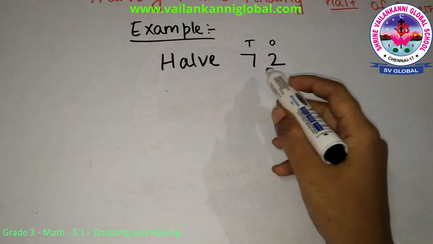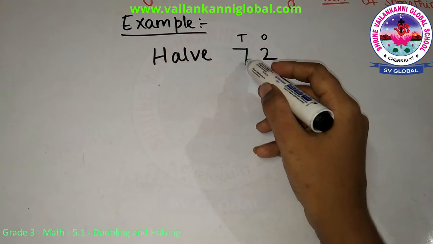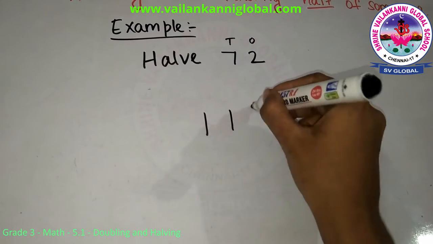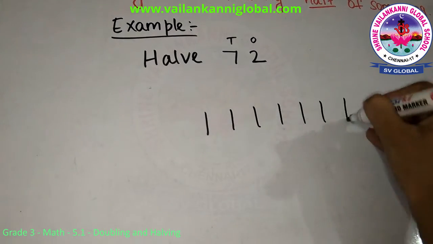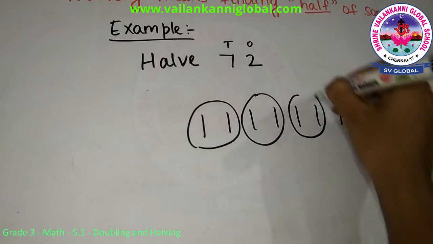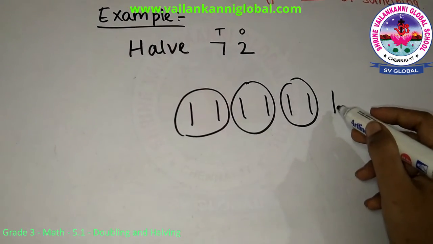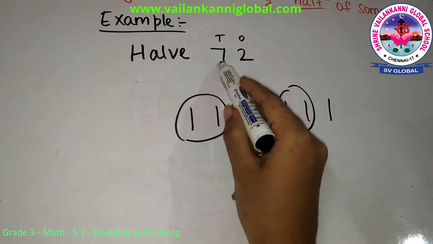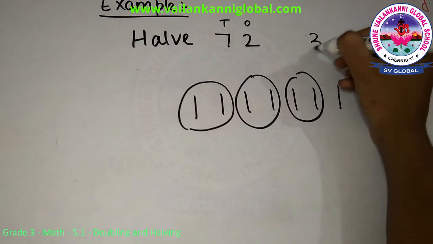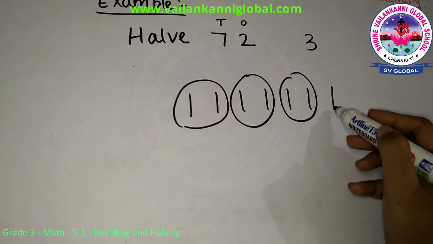Now half of 72. We can't find an exact half of 7; we'll have 1 extra. Just draw and see: 1, 2, 3, 4, 5, 6, 7. I'm going to make pairs: 1, 2, 3, and I'm having 1 extra. So half of 7 is 3. Just write 3, and this 1 is extra.